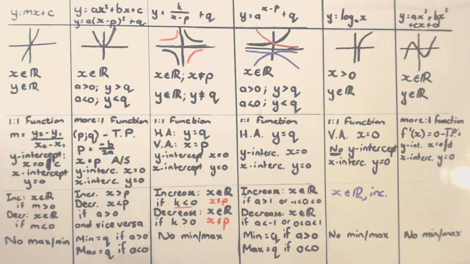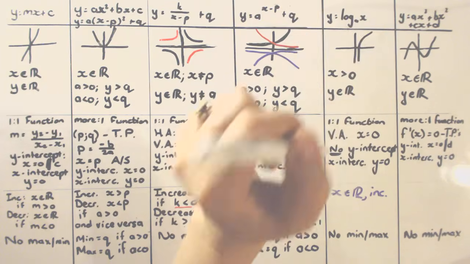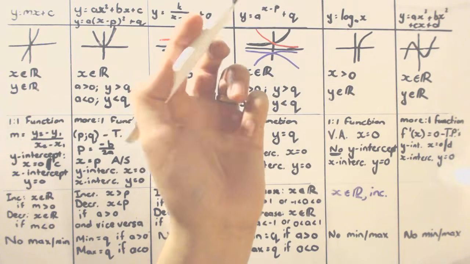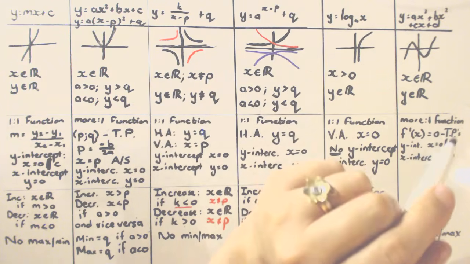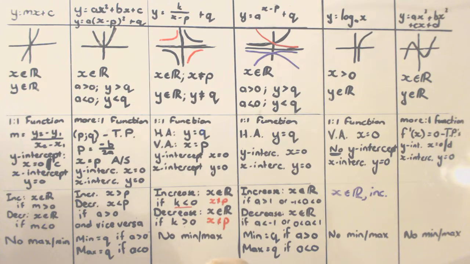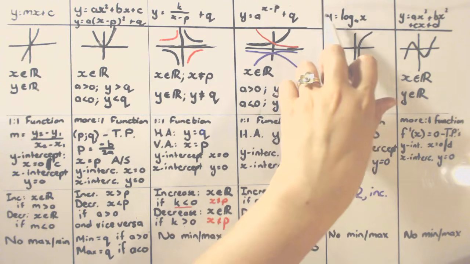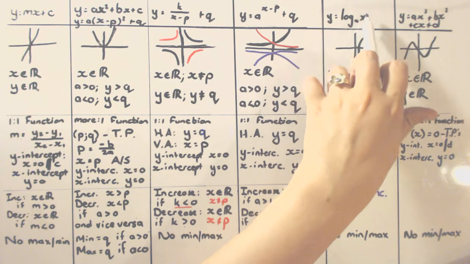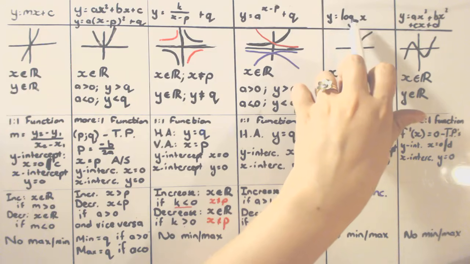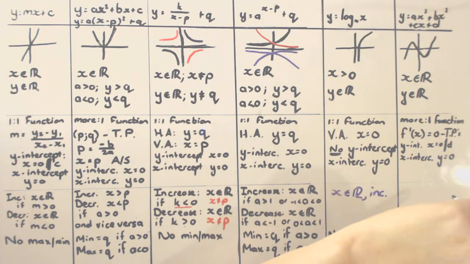But sometimes if I make my y value negative, so if I have a negative log x, which can present itself in quite a few ways, because negative log x, I'm talking about that in the log videos, but negative log ax can be negative log with base a of x, or it can be log of 1 over x, or it can be log of 1 over ax. So there's quite a few things that can happen.